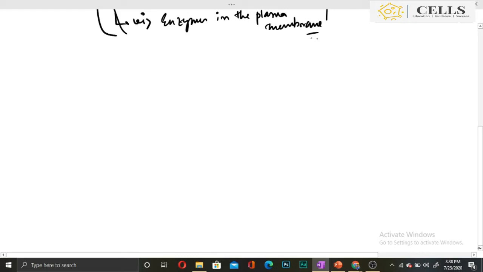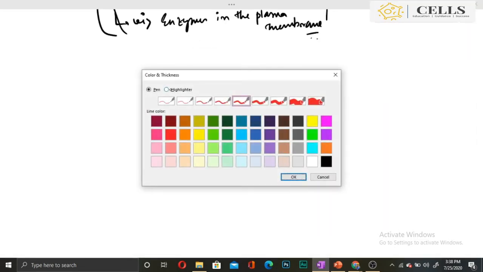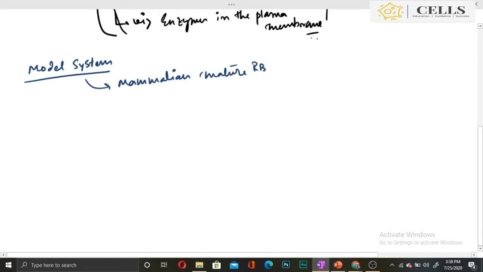Now see this very carefully. We actually study the plasma membrane, but for that we take the model system as the mammalian mature RBC.